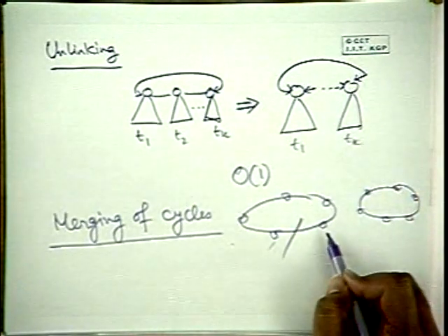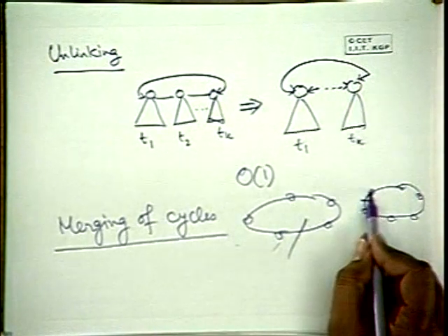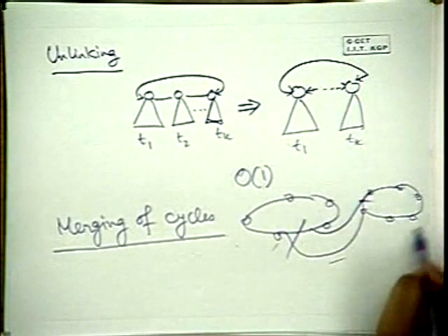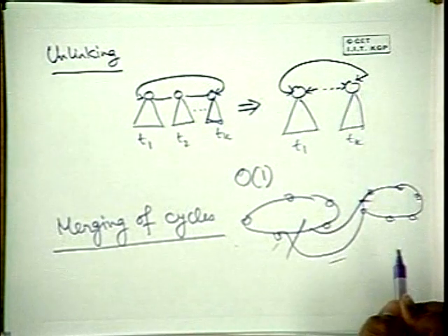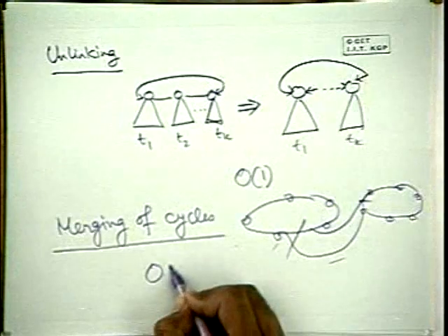It does not matter where. You cut it open and cut this one also open and join this one here, then it becomes a single cycle. So merging of 2 cycles, basically you take 2 doubly linked lists and merge the 2 into a single linked list. How much time does this take again? Order of 1.